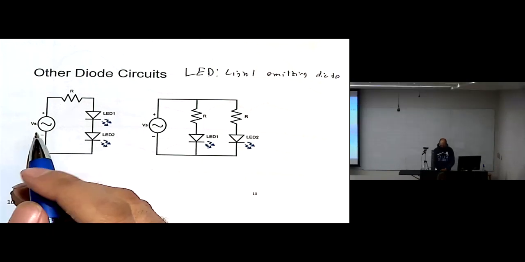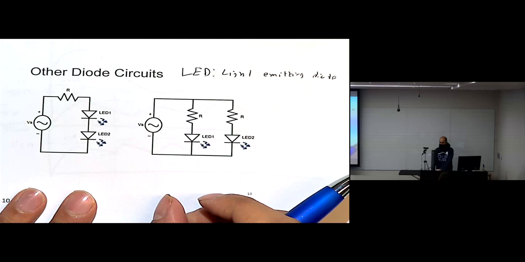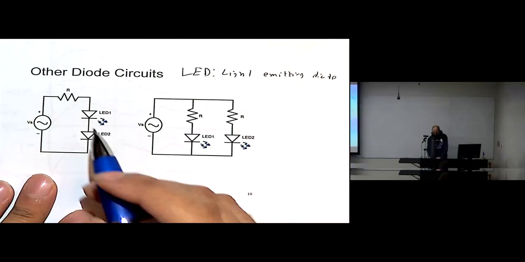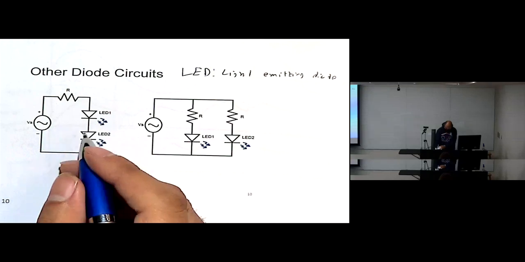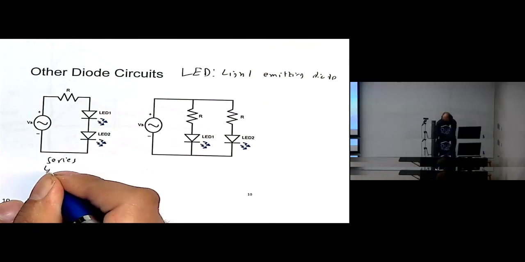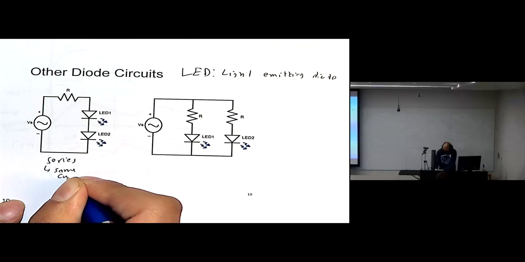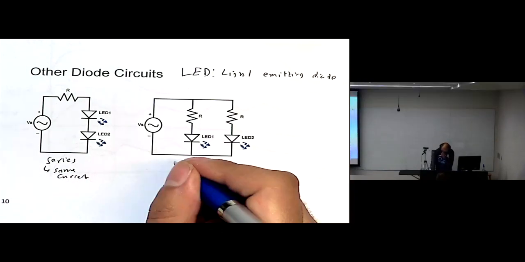And how it works, we have two modes of operation, or two ways of operation. If I want to connect multiple LEDs, I can connect them in series. And the advantage of series is that they are sharing the same current. Or I can connect them in parallel.